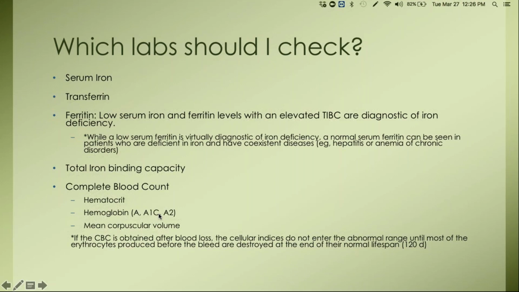So you could have a diabetic patient with end organ kidney damage who's going to be anemic secondary to diabetes. Check the A2 levels also, hemoglobin A2, because those levels are going to be perturbed with beta thalassemia. Specifically, they will be increased with beta thalassemia. Okay, so those are some levels to check.